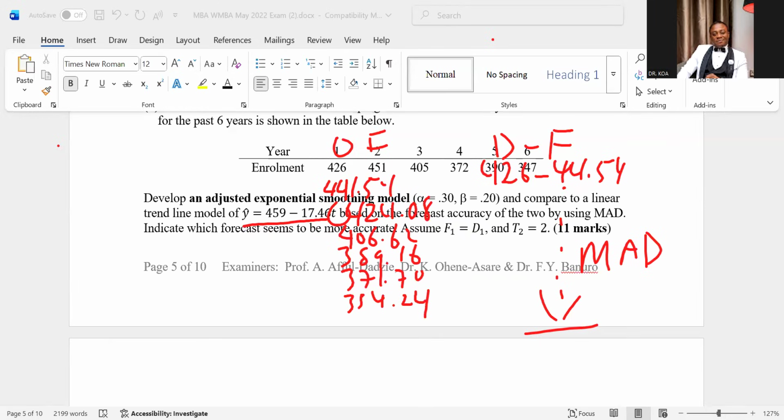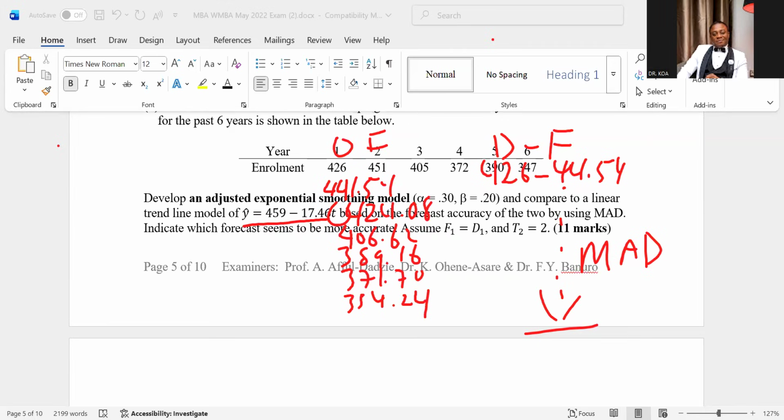426. That's why he picked the 426. Since we did the first one, that is 459 minus 17.46, where the T is, you put the 1 there. So when you subtract, you get 441.54. So he picked the 426 minus 441.54.